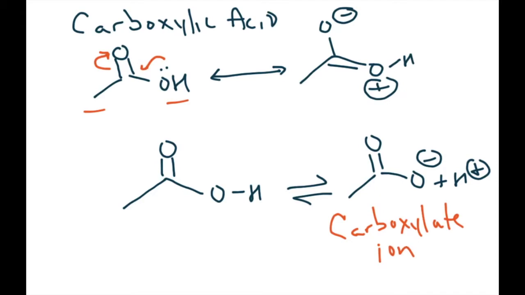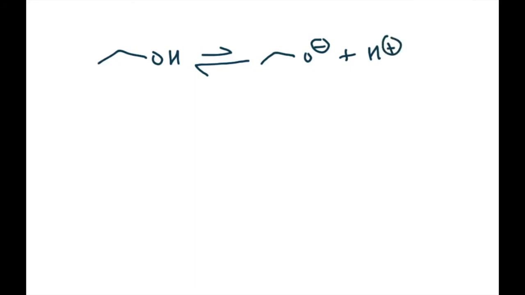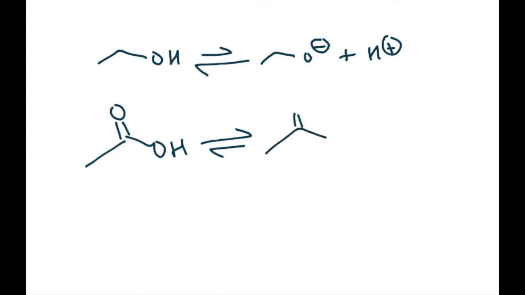And so carboxylic acids are significantly more acidic than alcohols, right? Because if we compare the two, say we have an alcohol and it loses a proton, O minus plus H plus. Now we have a carboxylic acid and we do the same thing. You're going to get O minus and H plus, but the carboxylate is stabilized via resonance.